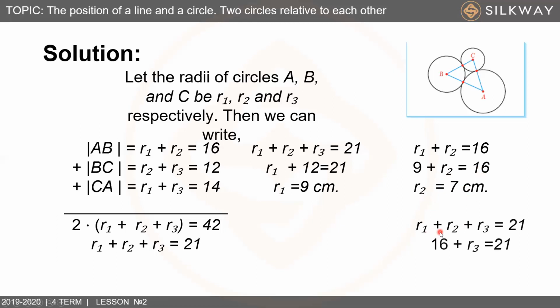So R1 plus R2 plus R3 is equal to 21. From the given, we know 16, so we write 16 plus R3 is equal to 21. So R3 is equal to 5 centimeters. So we found all these radii.